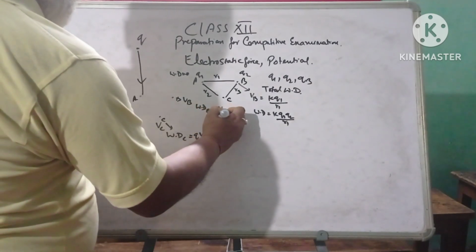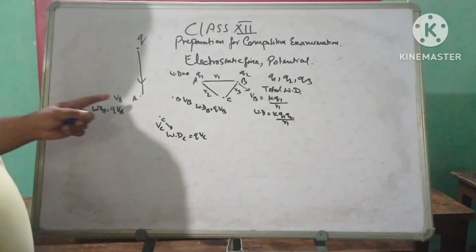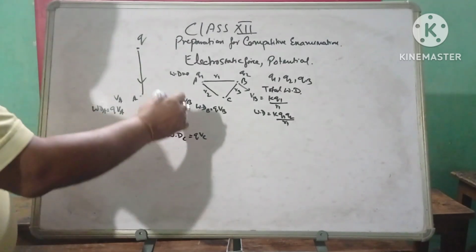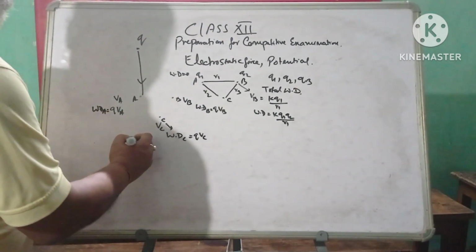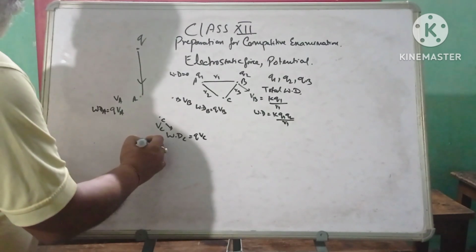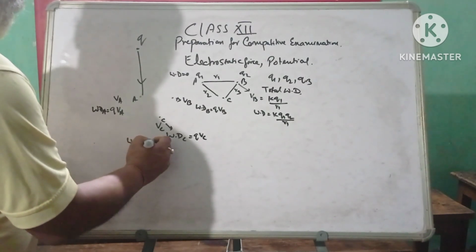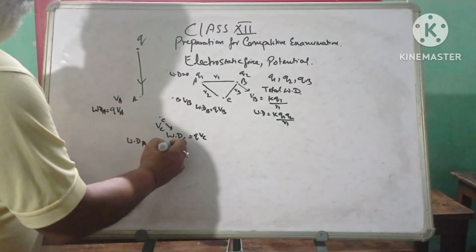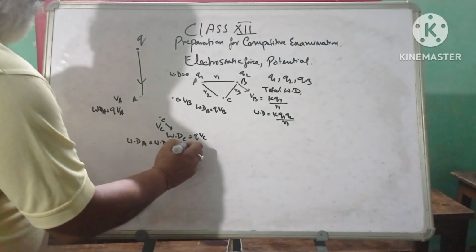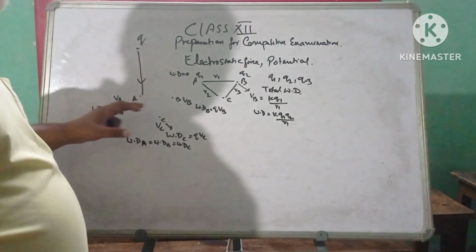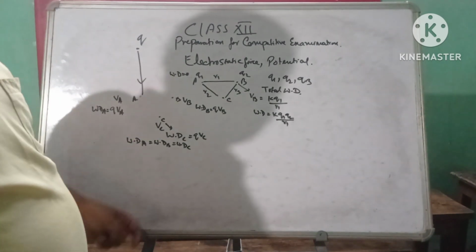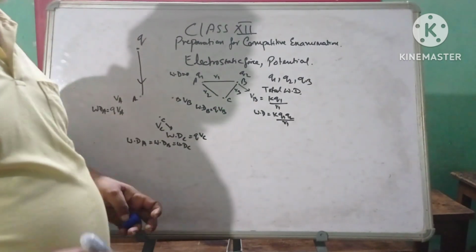So you see that since the potentials at these 3 points are the same, your work done at A will be equal to work done at B will be equal to work done at C. See, this is a concept. A question arises automatically from here.